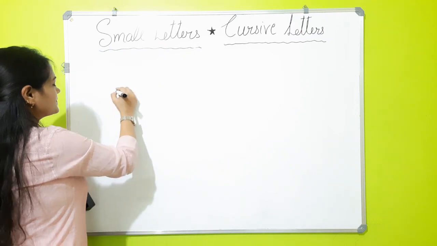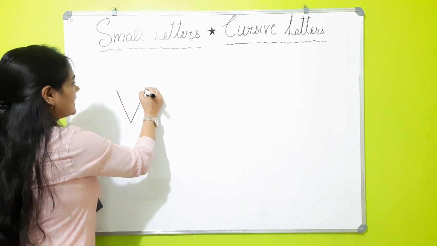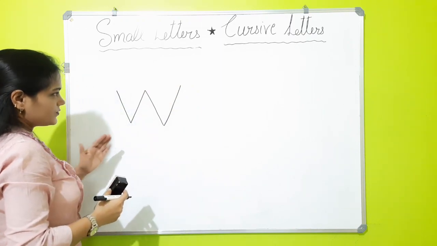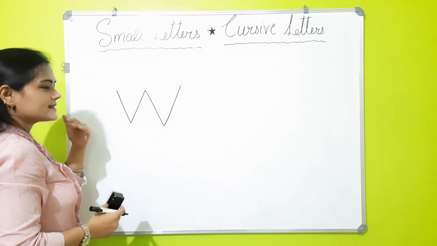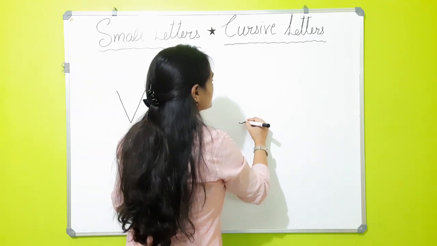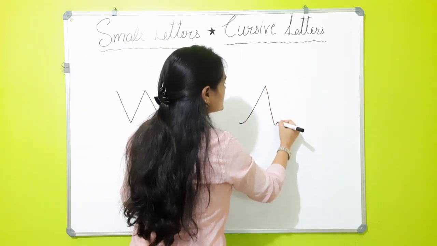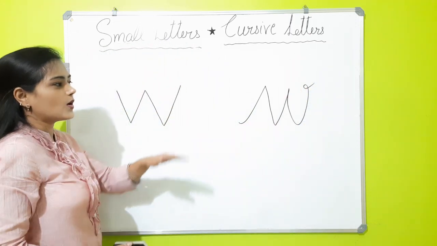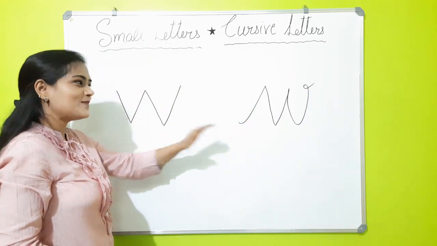W. See here, again U, V, W. All three letters are exactly same as the capital letter but smaller in size. And the cursive letter will start with tail and end with a loop. This is your cursive letter W.